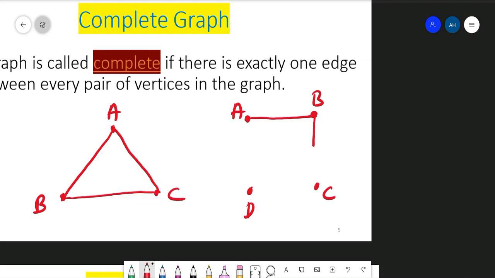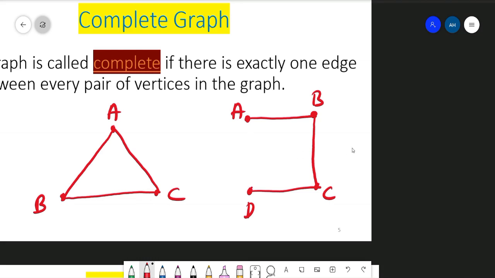Now how about this one? Is this graph complete? Not yet, because there is no edge between C and D. How about this one? Is this graph complete now? Not yet, because there is no edge between A and D. I mean a direct edge from A to D. There is no such edge.